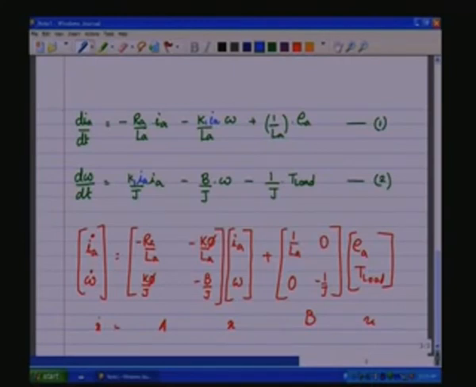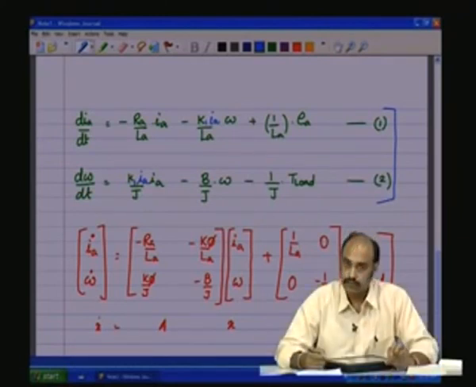Therefore, we do not put it in the standard matrix form; we just leave it as a differential equation system. That would be a non-linear system, but still it would give you the entire dynamic model of the DC motor system. So, phi should appropriately be modified, whether it is a constant or a function of Ia or any other variables, and that will give you the complete dynamic model of the DC motor in the state space form or differential equation form.